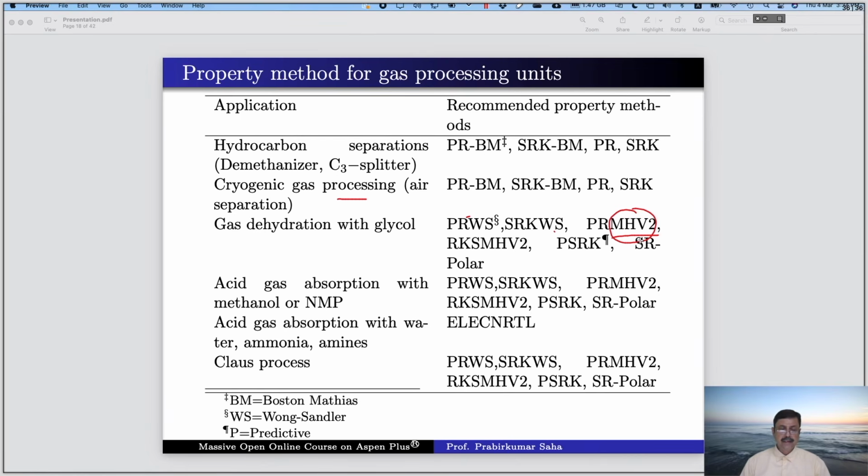For acid gas absorption with methanol or NMP, we can again use Peng-Robinson Wong-Sandler or SRK Wong-Sandler. For acid gas absorption with water, ammonia or amines, you can safely use NRTL method. And for Claus process, you can again use Peng-Robinson Wong-Sandler or SRK Wong-Sandler method.